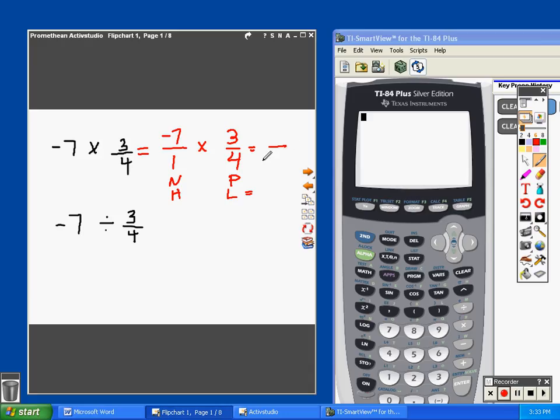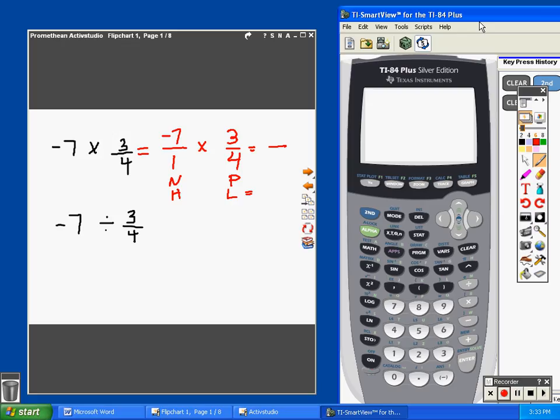So on your calculator, you would make sure you had parentheses, and then -7 times 3/4. And your answer should be, and then remember on your calculator you have the math to fraction, and you would have -21 over 4.